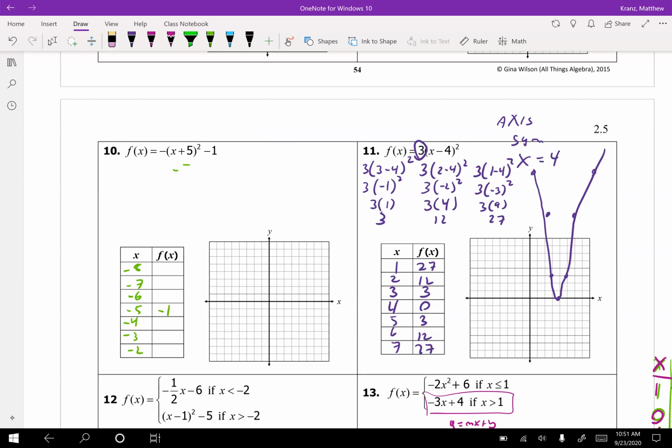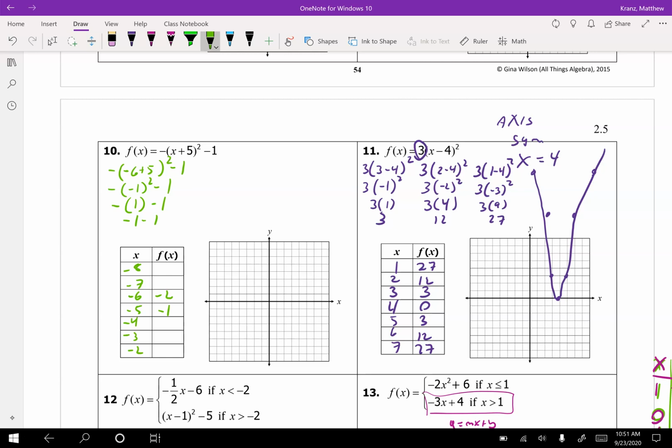When we go ahead and plug it in, let's do negative 6 plus 5 squared minus 1. Well, negative 6 plus 5, that's a negative 1 squared minus 1. So negative 1 squared is just 1 minus 1, which is negative 2.